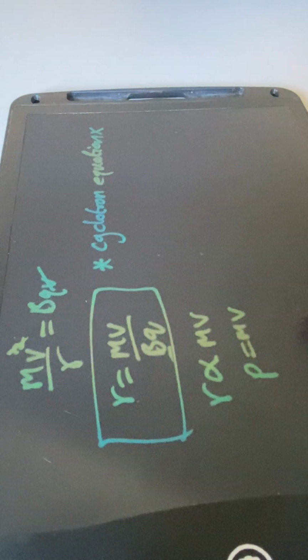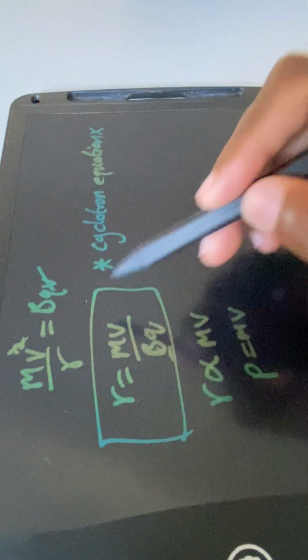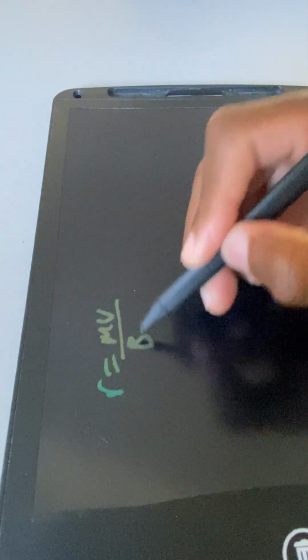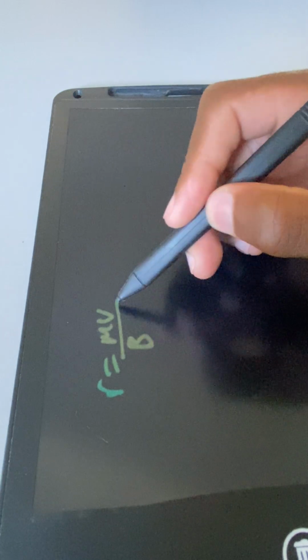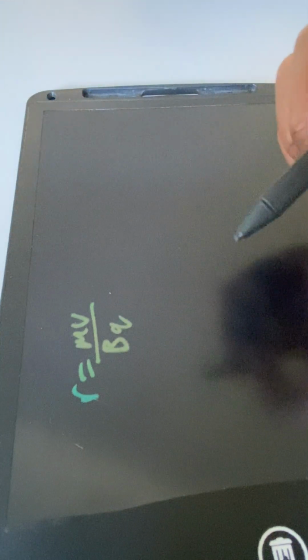So this is the one equation that you have to remember again. They can want you to make any of the variables the subject. So from this equation also, R is equal to the momentum mv divided by the product of the magnetic field intensity with the charge, right?